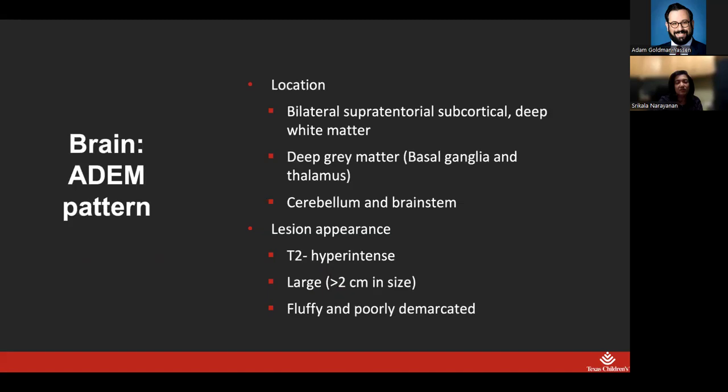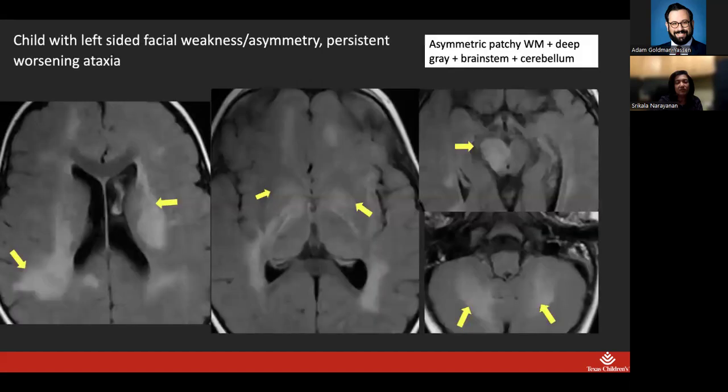So the ADEM pattern is going to look like a typical ADEM disease. You have these bilateral supratentorial subcortical deep white matter involvement, deep gray, cerebellum, brainstem, typically fluffy, poorly demarcated, large T2 hyperintense lesions. So I'm going to take you through some cases, and all of these are proven cases of MOG antibody-associated disorder.